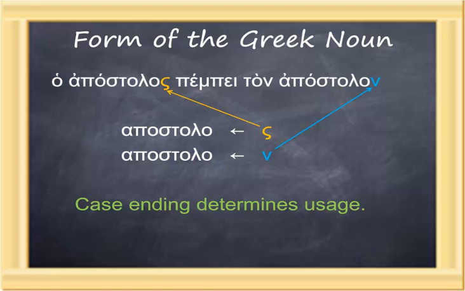It's the case ending that determines usage in a Greek sentence. If this sentence read ton apostolon pempe ha apostolos, it would be translated the same way.